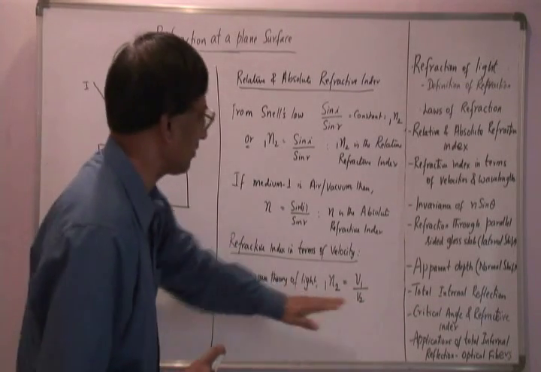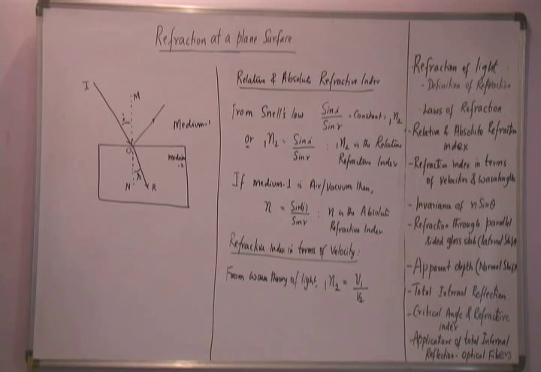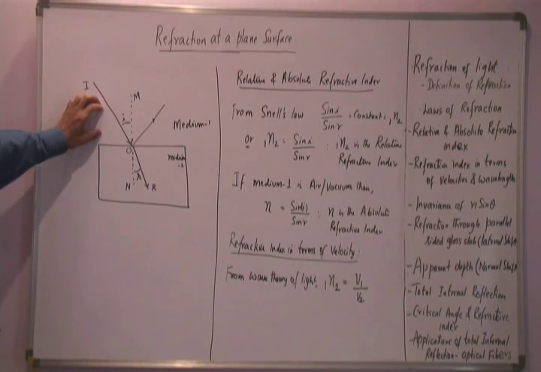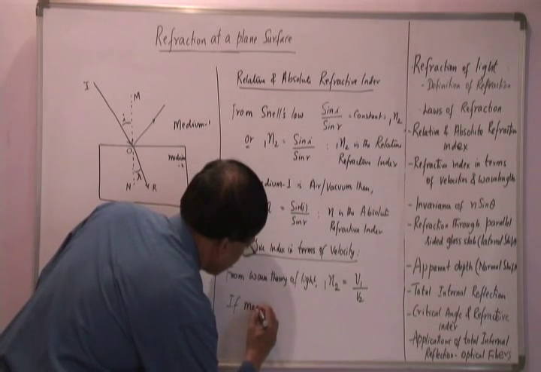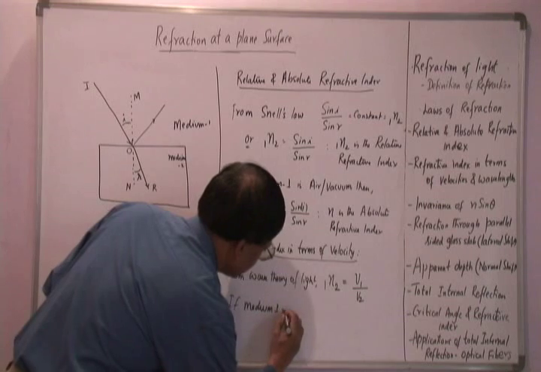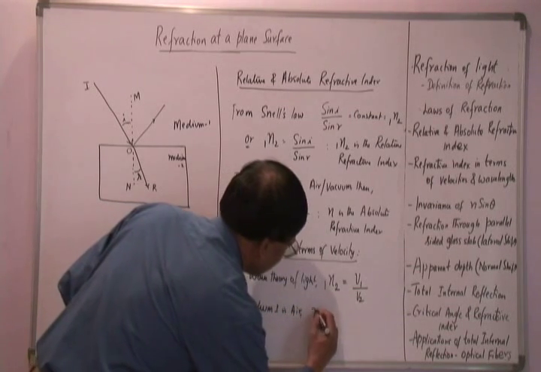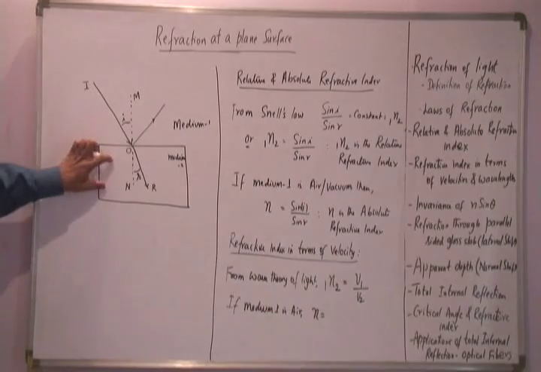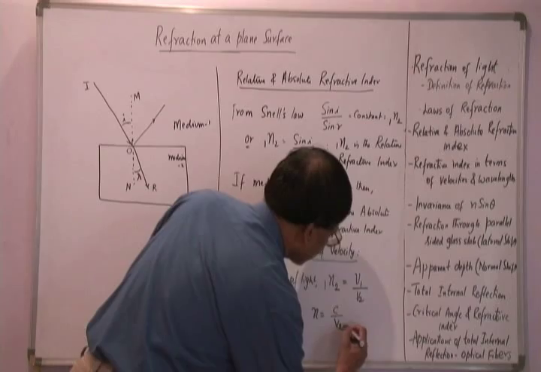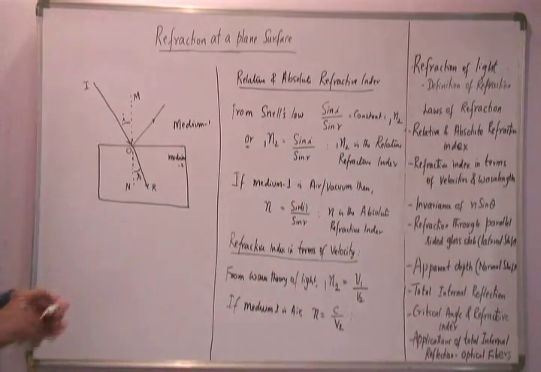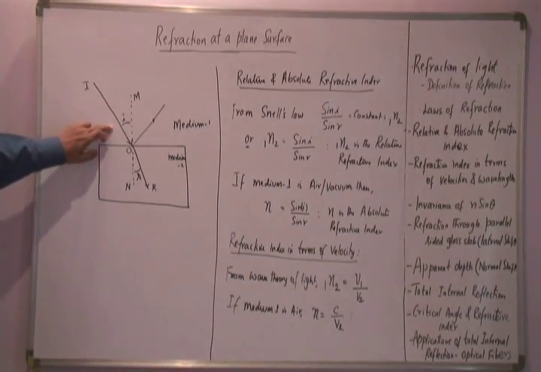Now from this expression we can get the value for absolute refractive index. If medium 1 is air and medium 2 is glass, then the absolute refractive index n of medium 2 is given by c divided by v2, where c is the velocity of light in air or vacuum, which is 3 into 10 to the power of 8 meters per second.